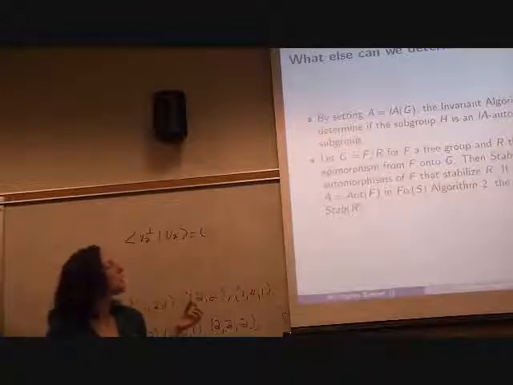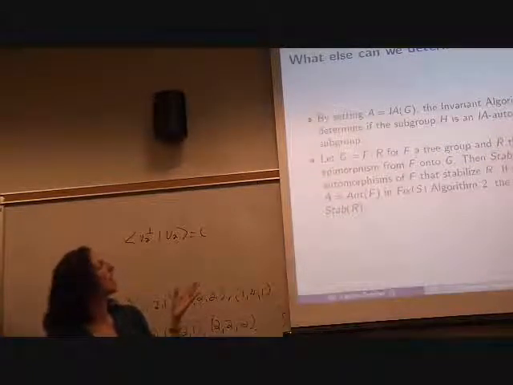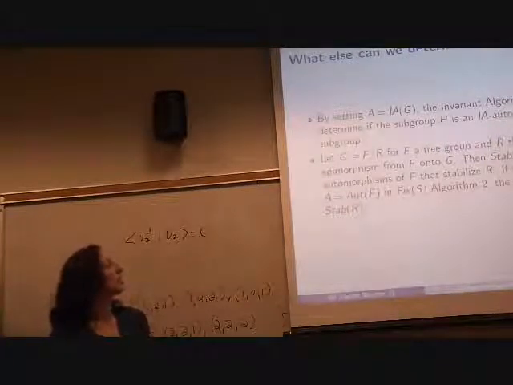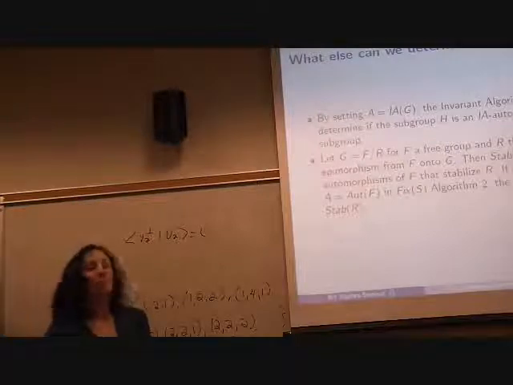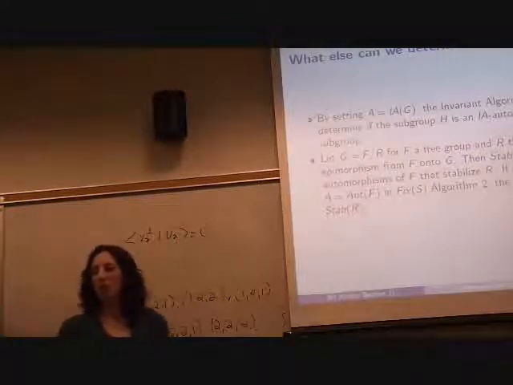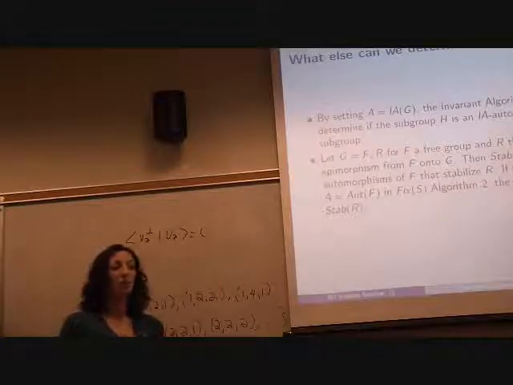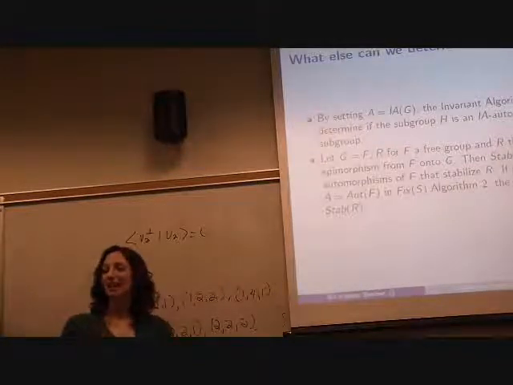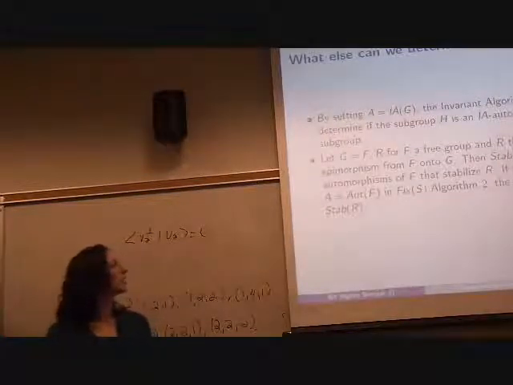So if you set your finite subgroup of your automorphism group to be the set of IA automorphisms, then the invariant algorithm can be used to determine if the subgroup is an IA automorphism invariant subgroup. Now I remind you that IA automorphisms are those that act as the identity on the abelianization of a group. So you're asking a specific question about invariance.